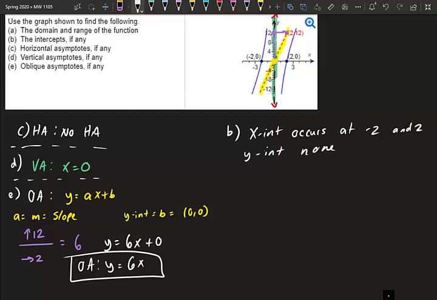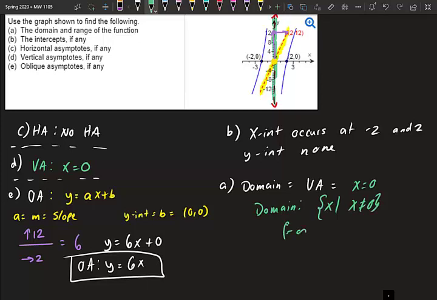Now we can find our domain and range. So remember, our domain is the vertical asymptote, and our vertical asymptote was x equals 0. So that means our domain is x such that x cannot be 0, or -infinity to 0, union 0 to infinity.